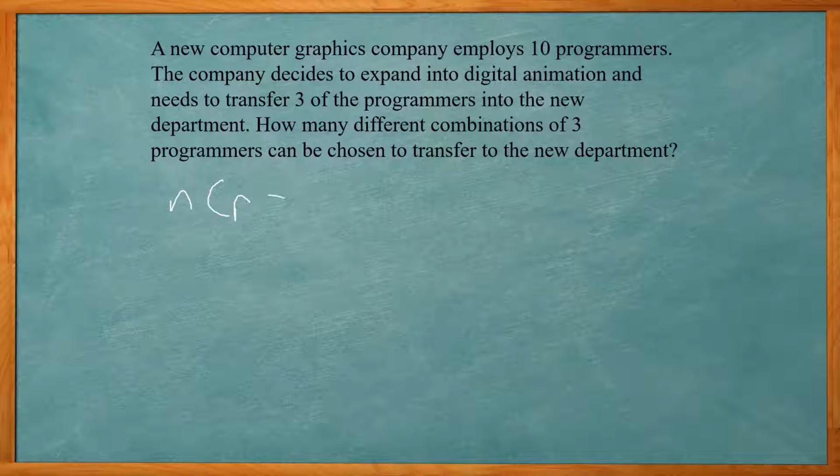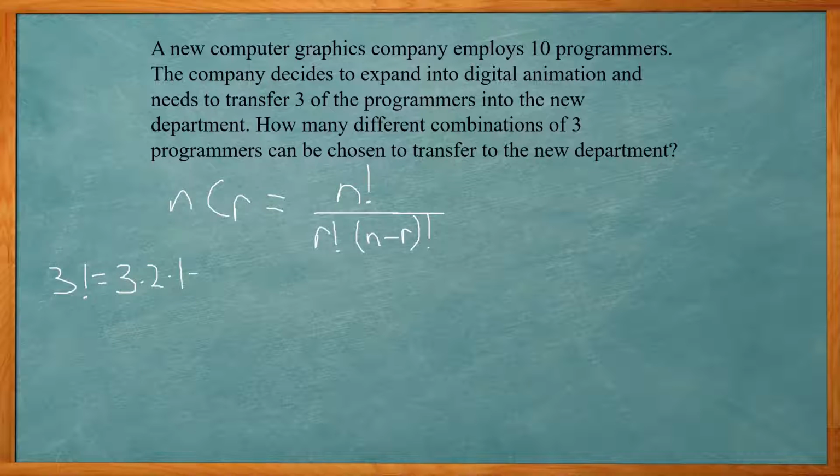Okay, so the formula for that is n factorial divided by r factorial times n minus r factorial. Remember, factorial, if I actually have 3 factorial, that means to multiply all the numbers down starting at 3 all the way down to 1 together. So 3 times 2 times 1, which will give you 6.